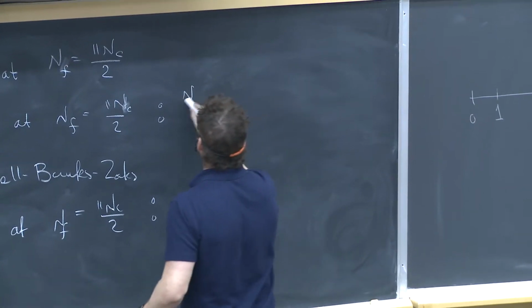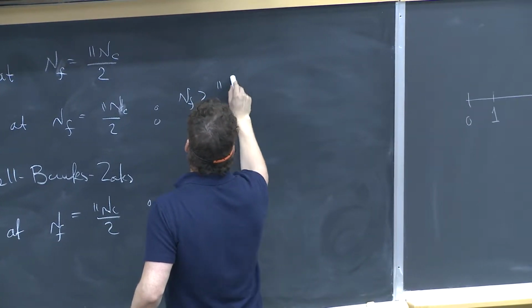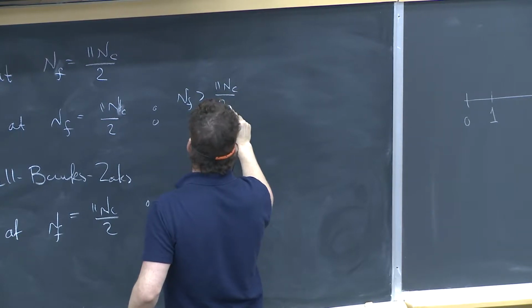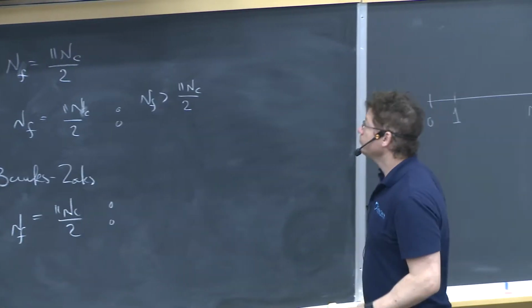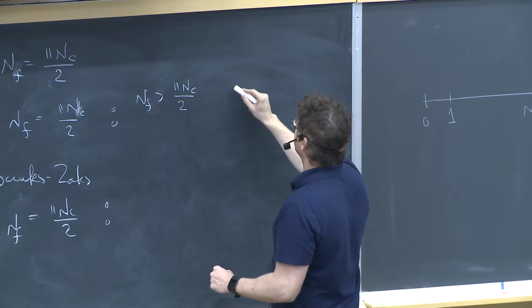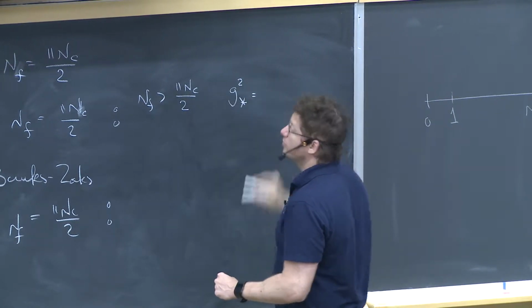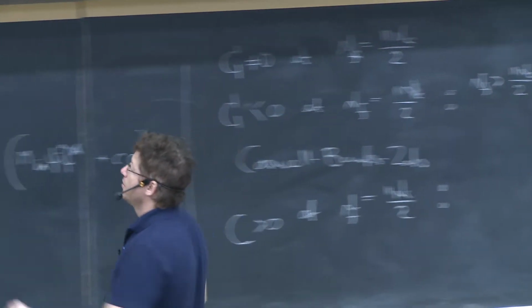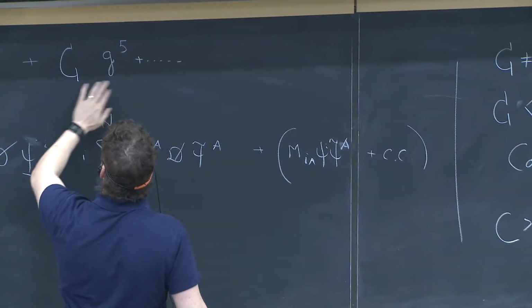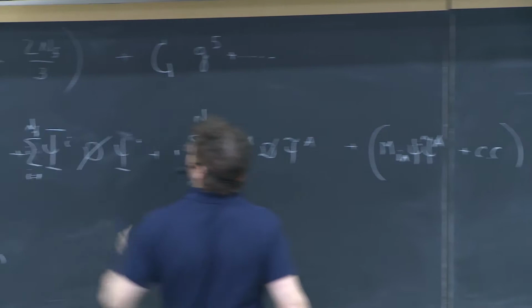For n_f bigger than 11 n_c over 2, we could find a solution which looks like g star squared, just by solving this equation. We would find that g star squared is equal to this thing over c.